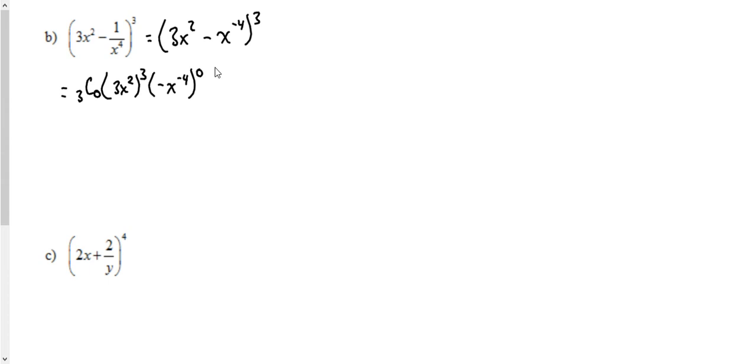And right away, I'm cleaning up in these steps already. I'm not showing you too much work, and so I'm going to add on 3 choose 1, 3x squared squared, negative x negative 4 to the exponent 1. 3 choose 2.